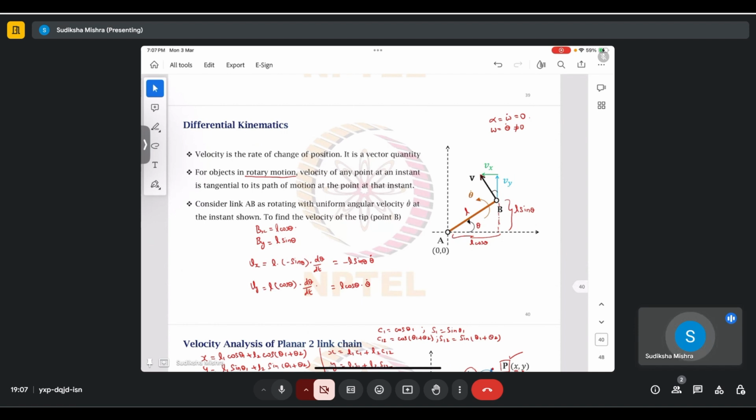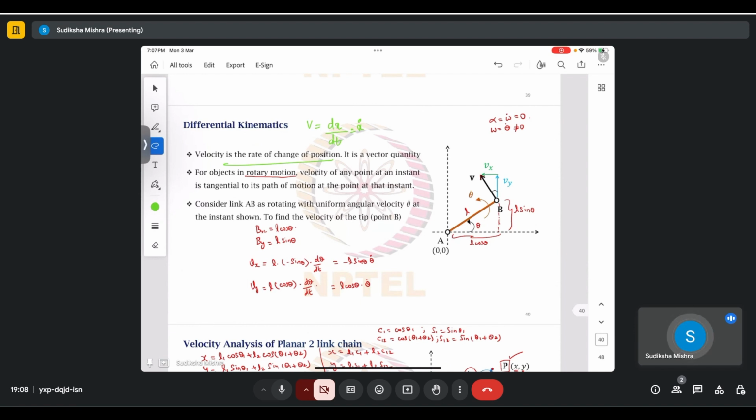So all the problems that we have seen till now are static. There is no velocity to it. But in actuality, that is not the case. There will always be a velocity component when there is a change in the displacement. So velocity is the rate of change of position, which is basically dx by dt, and can be represented as x dot.